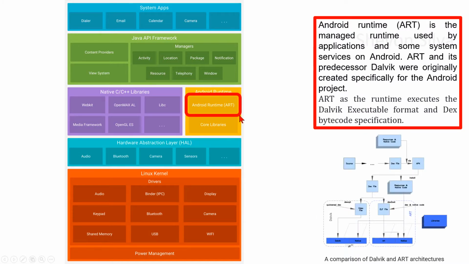Now we are moving into Android Runtime, ART. Android Runtime ART is the managed runtime used by applications and some system services on Android. ART and its predecessor Dalvik were originally created specifically for the Android project.